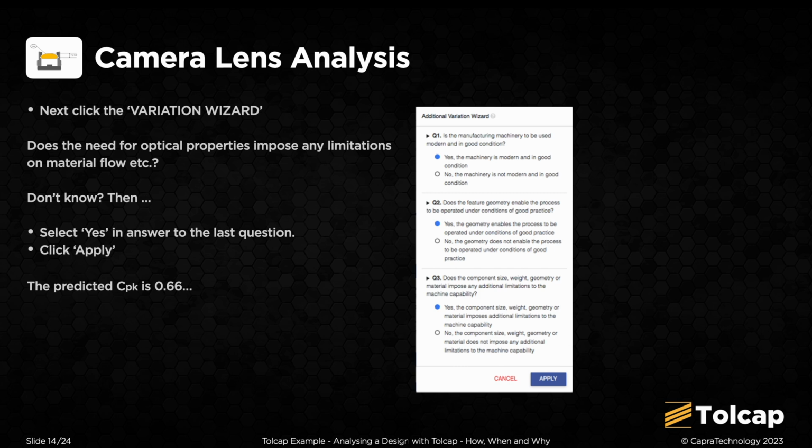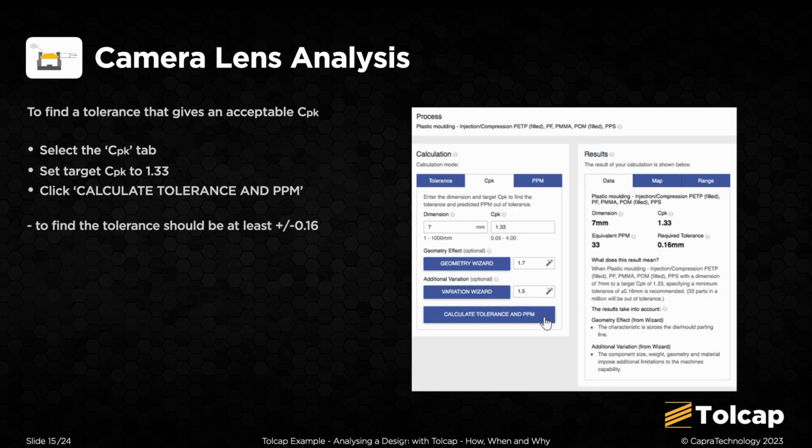Does the need for optical properties impose any limitations on material flow, etc.? Oh, I don't know. Never mind, then let's select Yes in the last question just to be on the safe side and click Apply. And the predicted CPK falls to 0.66.